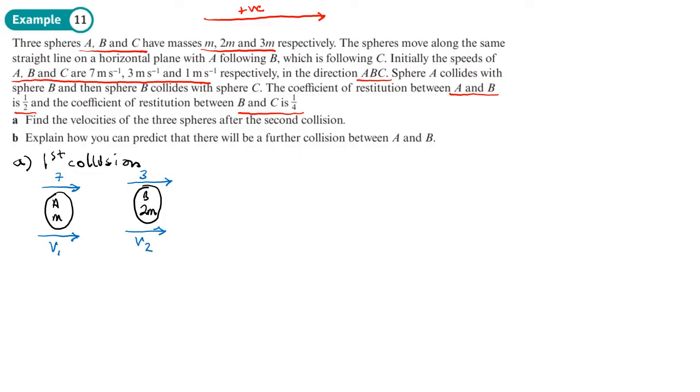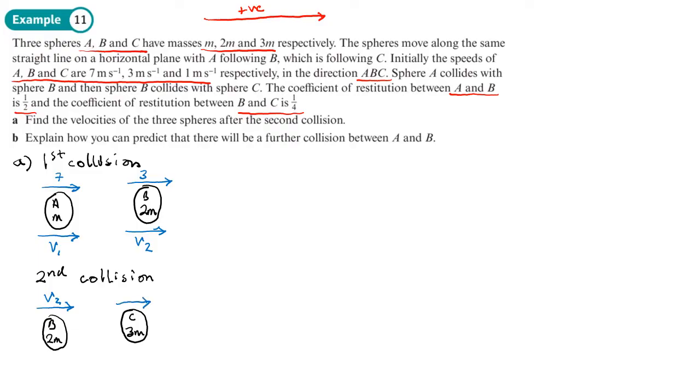What I'm interested in is the speed of them after the second collision, and the second collision takes place between B and C. So B and C of masses 2m and 3m. In the second collision, B is going to be travelling at speed v2, from whatever it was after the first collision.